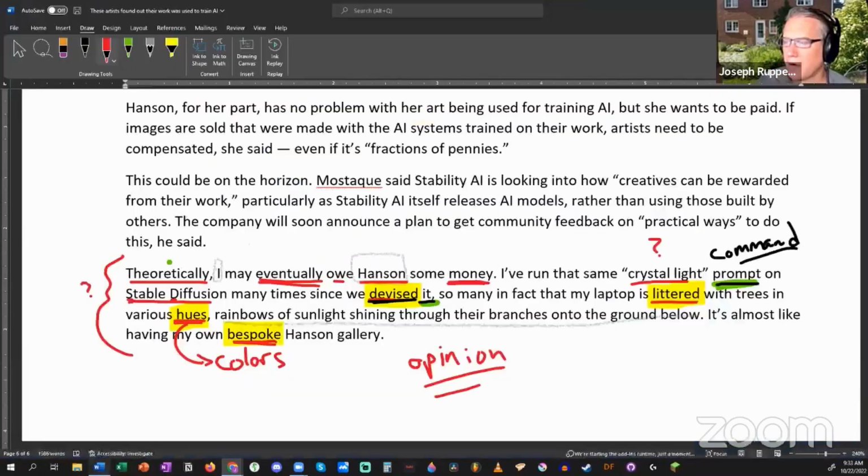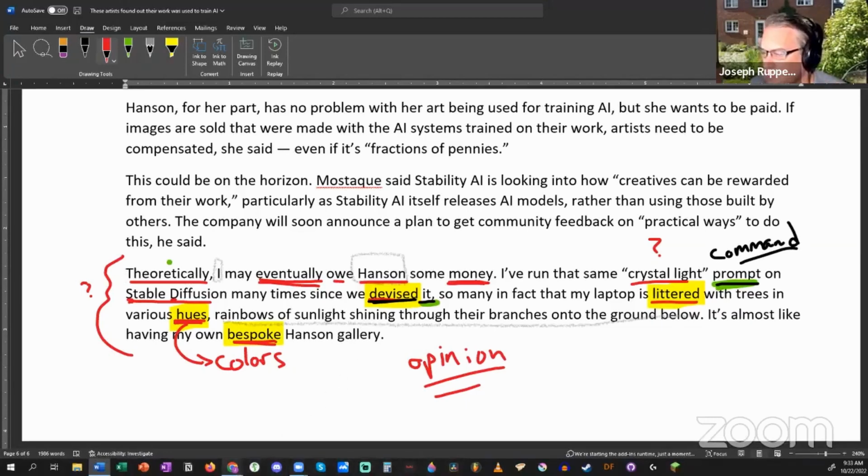In our article, our author has pieces of art, generated from the AI, sprinkled all over her desktop, or she says laptop, with lots of different images. So that's littered. I hope that's clear.